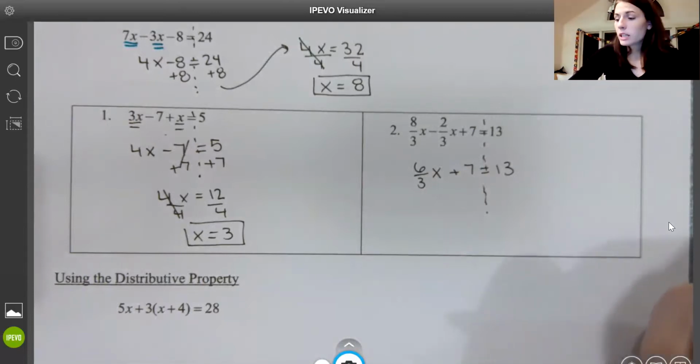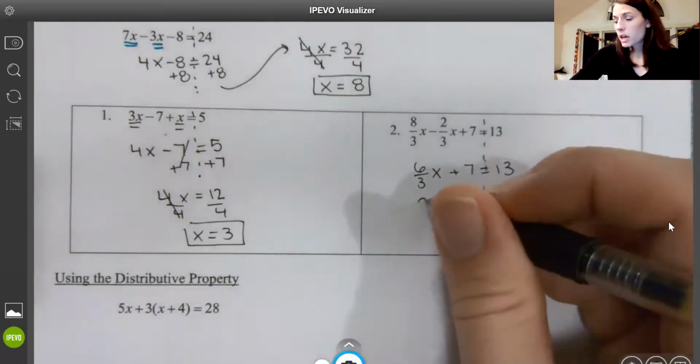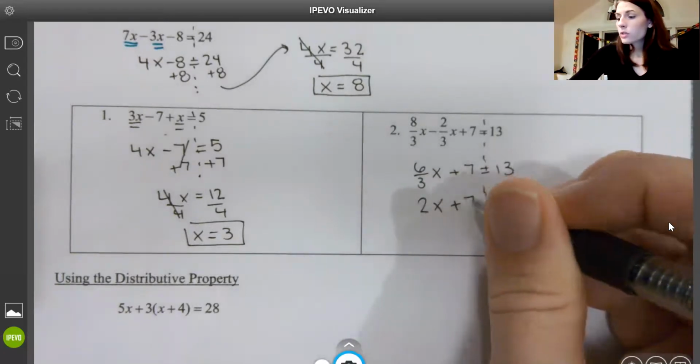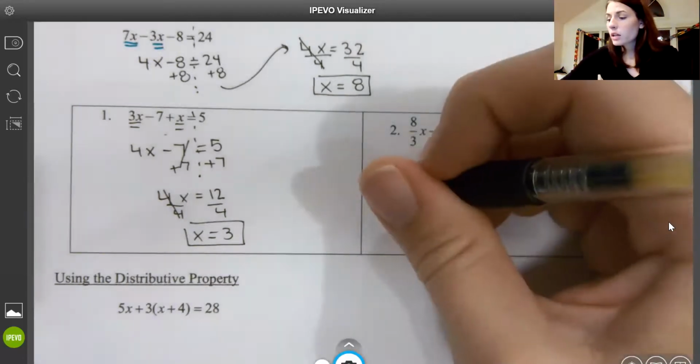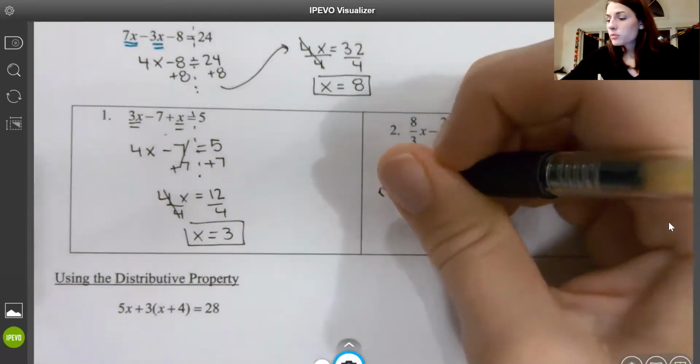Especially with fractions, but anytime, we should really be looking for ways that we can write things cleaner, more simplified. And 6/3 would be silly to leave because 6/3 is the same as 2. So that's really 2x plus 7 equals 13. Okay, so right here, we're just simplifying or reducing.